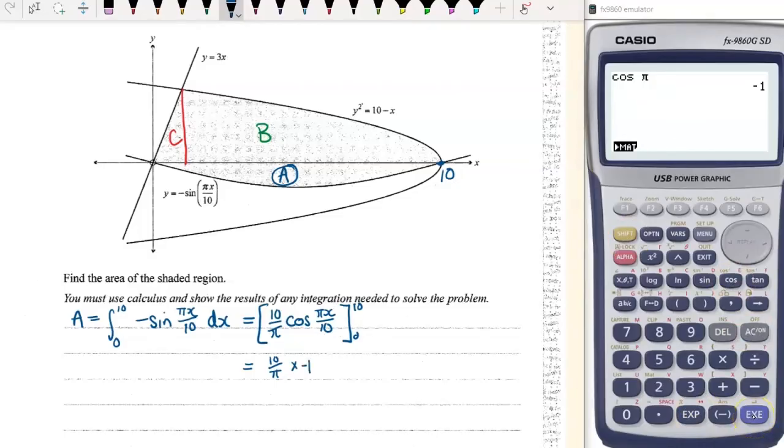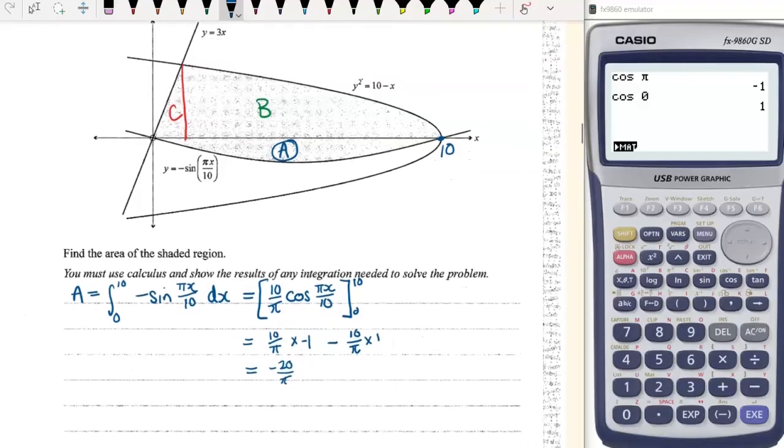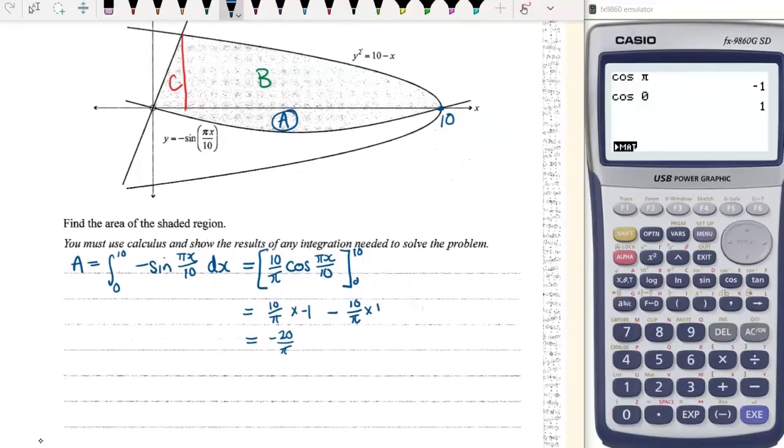Now if we put 0 in, cos of 0 is equal to 1, so we're going to minus 10 over pi times 1. So we've got minus 10 over pi minus 10 over pi, so we've got minus 20 over pi. Now it makes sense that it's a minus because it's sitting underneath the x-axis here.